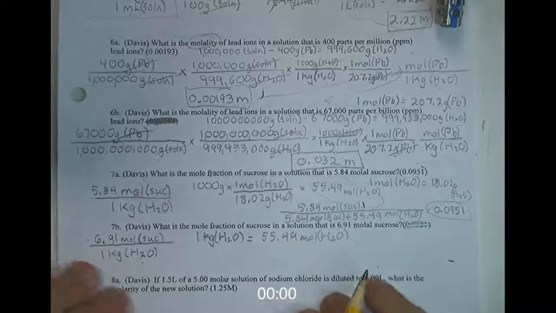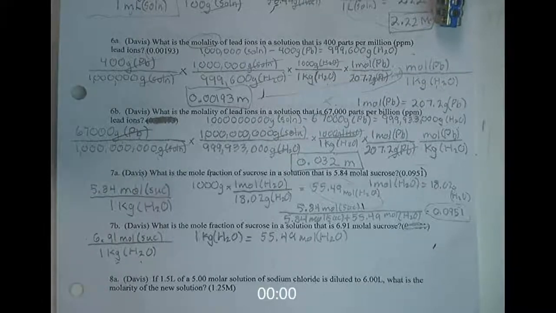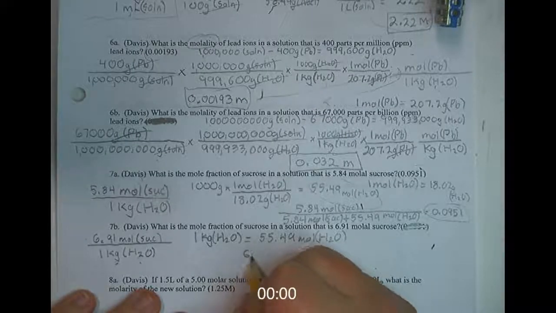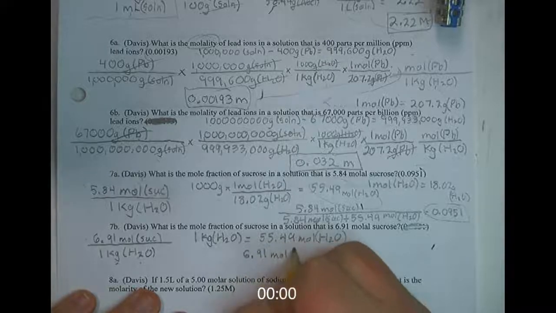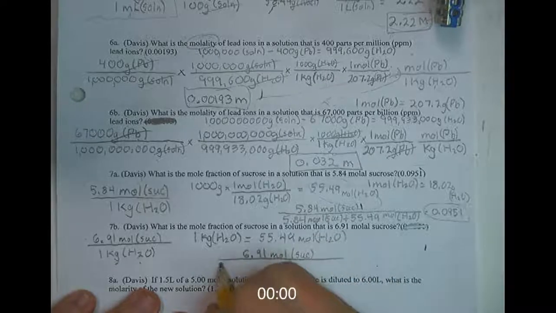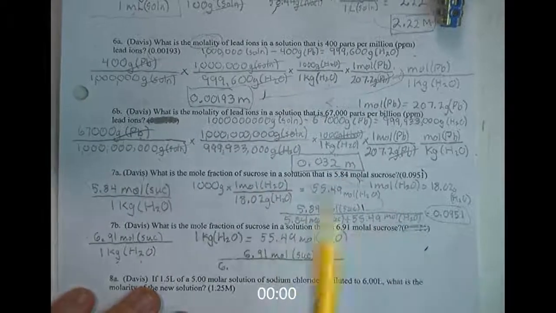In other words, why are we saying that? Because we know how many moles of sucrose we have for every kilogram, and a kilogram is 55.49 moles. So now we know the moles of both of these. To get the mole fraction, it's the 6.91 moles of sucrose over the moles of sucrose and the moles of water together.